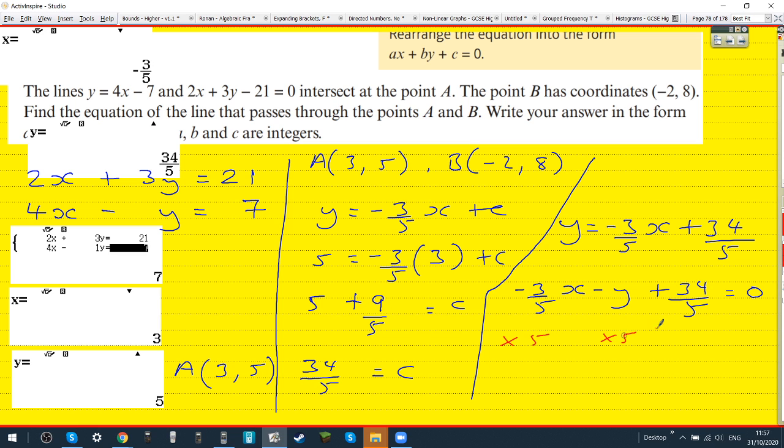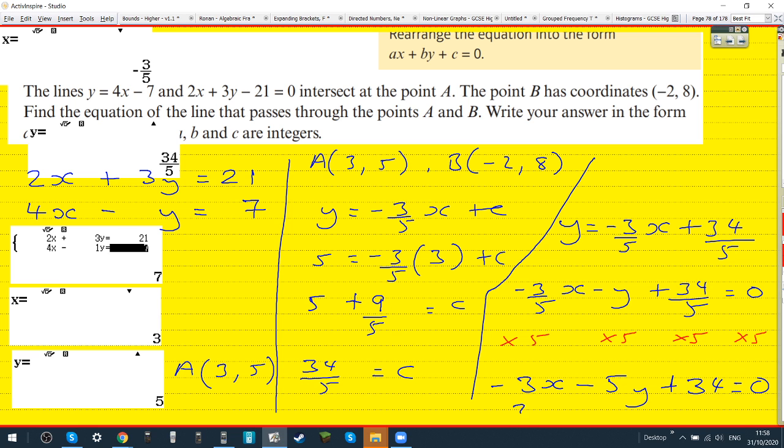So minus 3 over 5 multiplied by 5 is minus 3x, minus 5y, and then add 34 over 5 multiplied by 5, which is 34, equals 0.